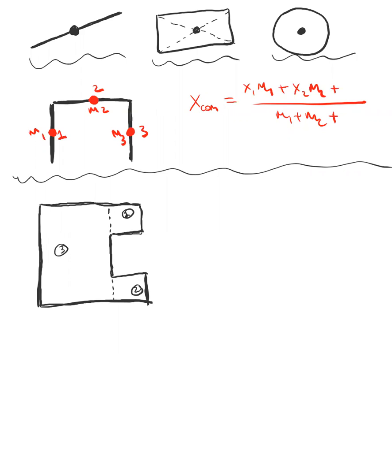For each one of them, you now can guess exactly where the center of mass is because they are symmetric. Each one of them will have a center of mass exactly in the middle. And then if you can compute the mass of each of these pieces, instead of having this complicated shape, you now have 3 points with known masses and known locations.